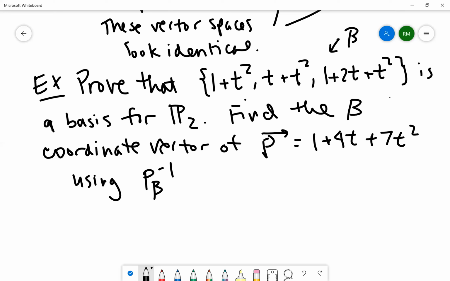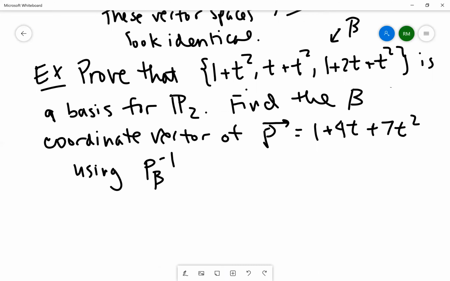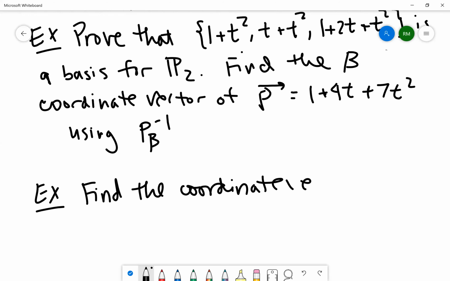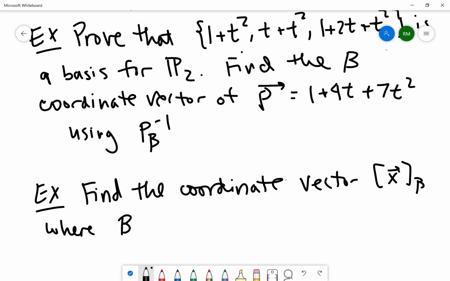And I'll give you one last problem. So you do this first problem and you do another problem that you'll turn in with your notes. This problem is to find the coordinate vector x beta, where beta is equal to the following set of vectors.